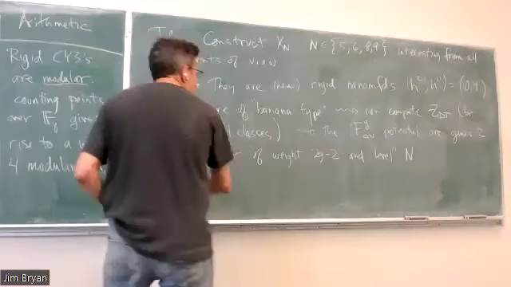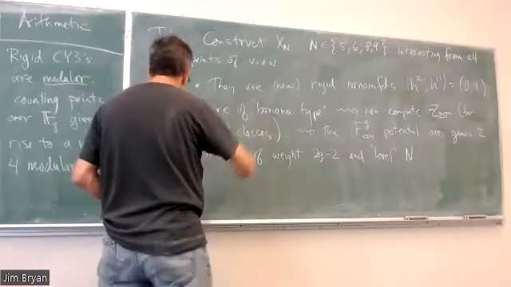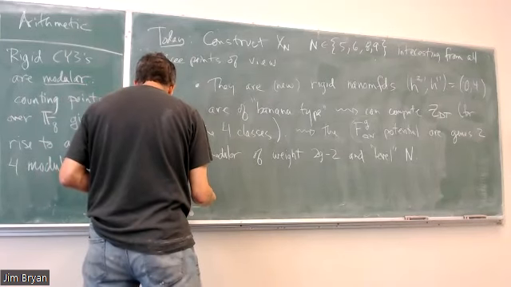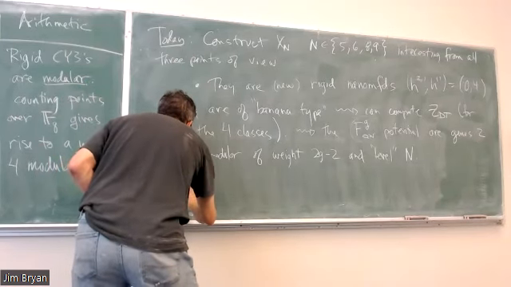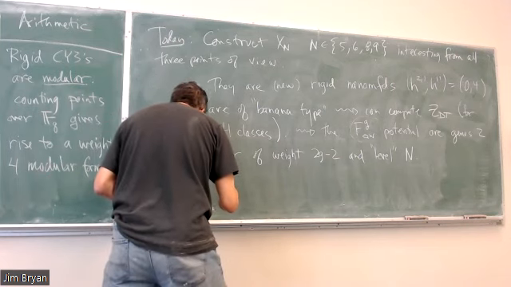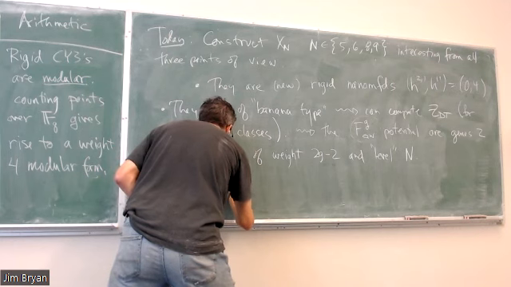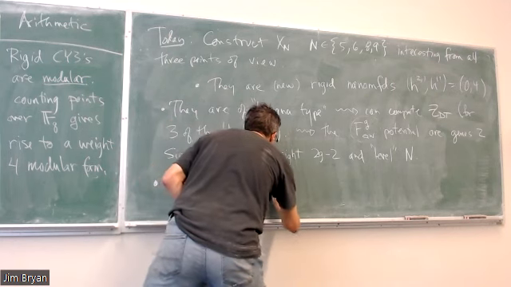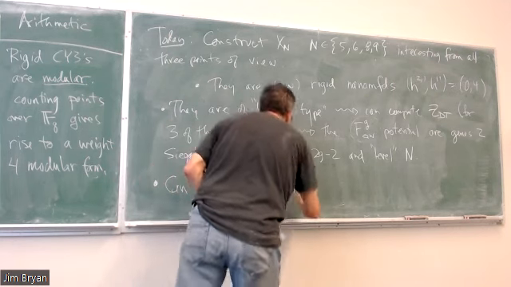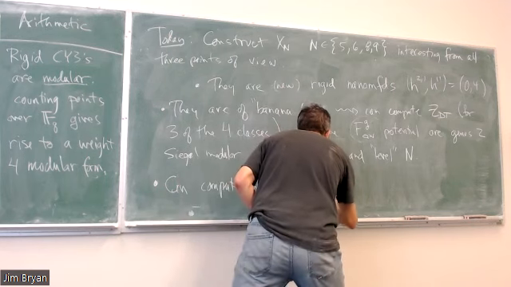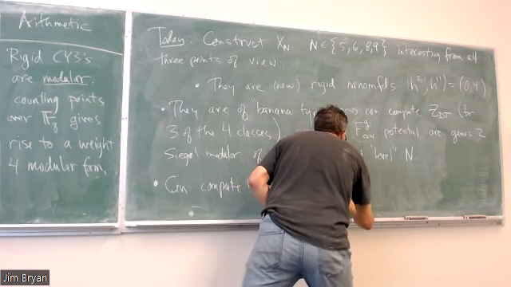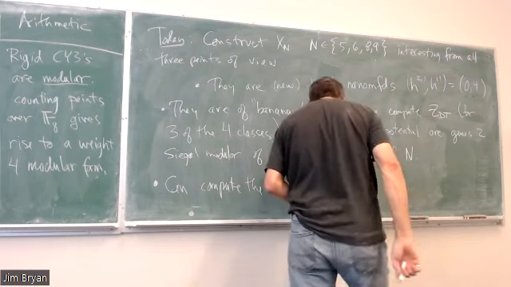Okay. And so finally, the third thing was the arithmetic, and that we actually can compute. I'm spoiling all the punchlines, but why not? We can compute the weight 4 modular form associated to the arithmetic by actually going in and counting points.